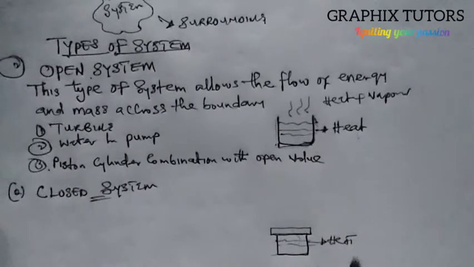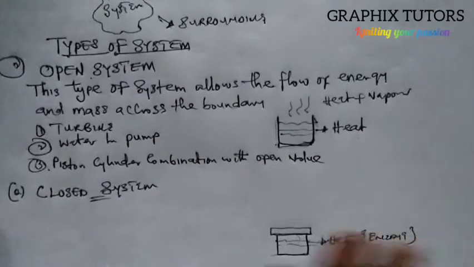So a system that allows only the flow of heat, which is the energy, across the boundary is said to be a closed system. A closed system allows the flow of only energy across the boundary, while the mass remains in the boundary. A good example of a closed system is a piston cylinder combination with closed valve. When the two valves of your engine are closed, it is called a closed system, right?